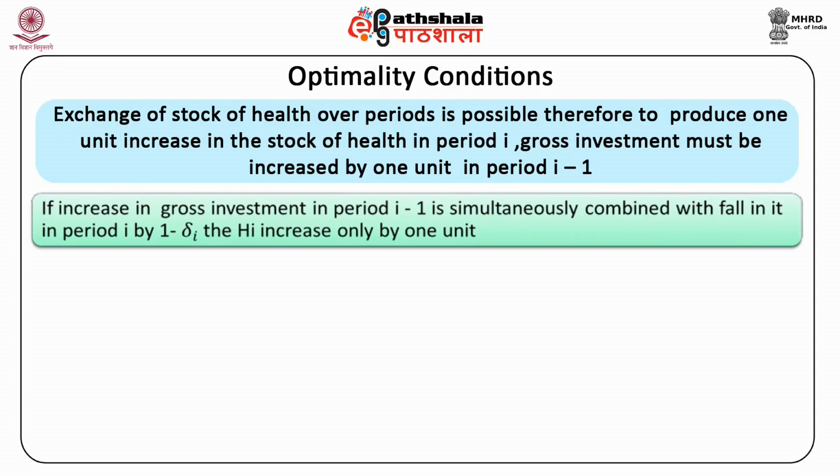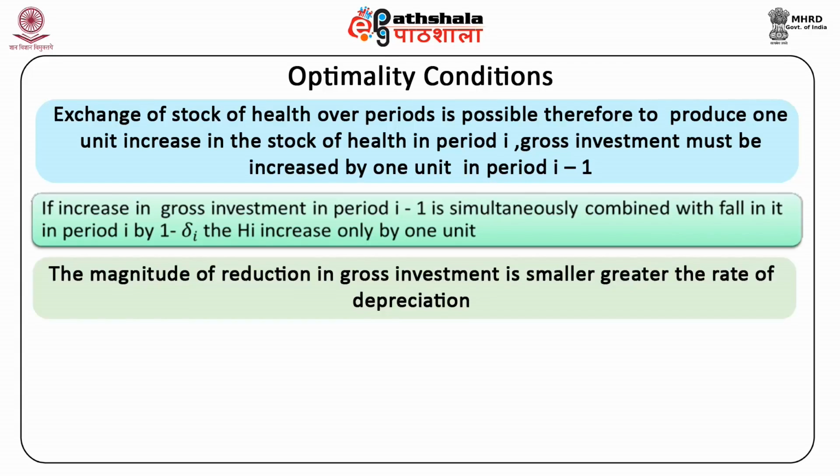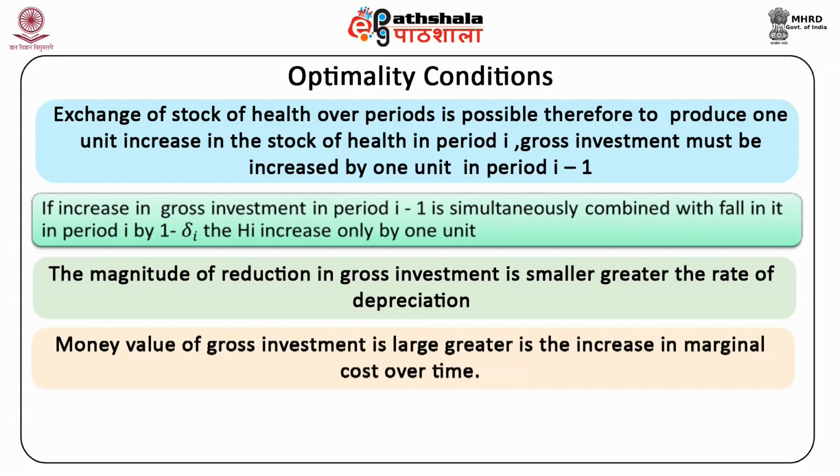If the increase in gross investment in period i minus 1 is simultaneously combined with a fall in it in period i by 1 minus delta i, the Hi increases only by 1 unit. The magnitude of reduction in gross investment is smaller, the greater the rate of depreciation. The money value of gross investment is larger, the greater the increase in marginal cost over time.